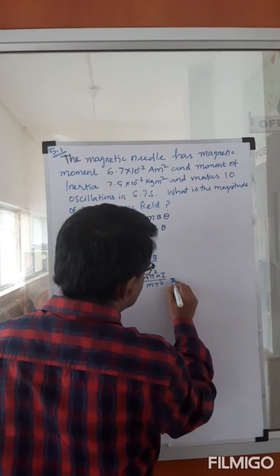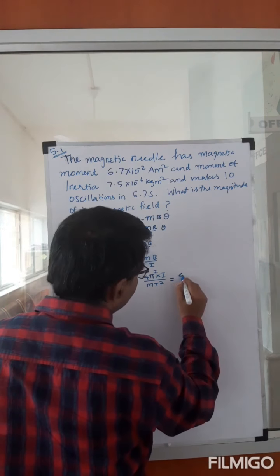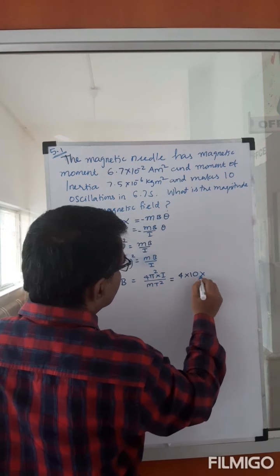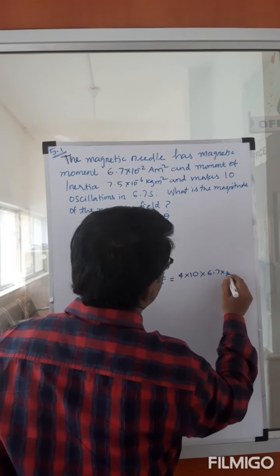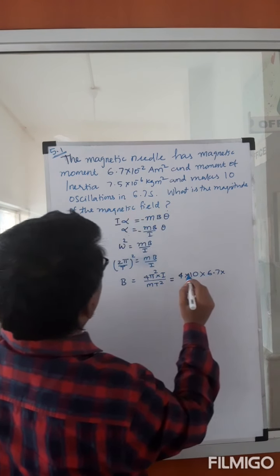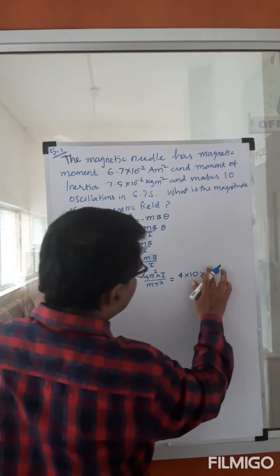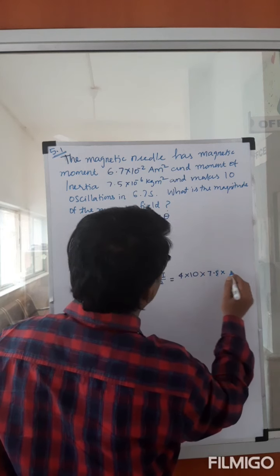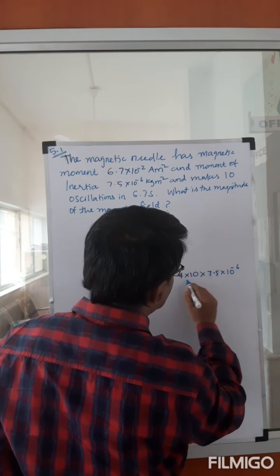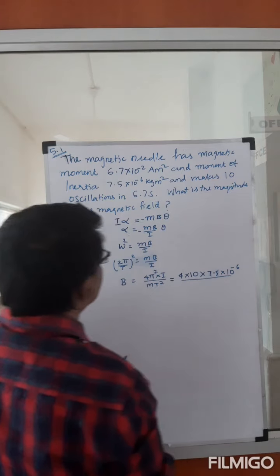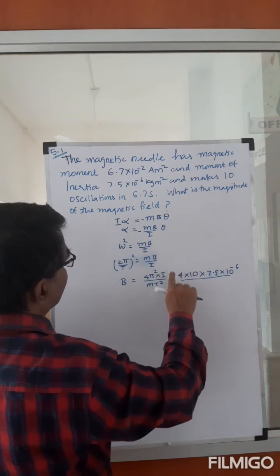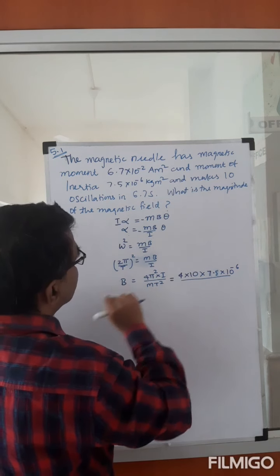So if I put in all those numbers, it's going to be 4 into pi squared, which is roughly 10, into I, which is 7.5 into 10 power minus 6, divided by m T squared.